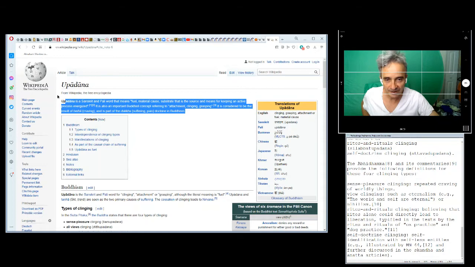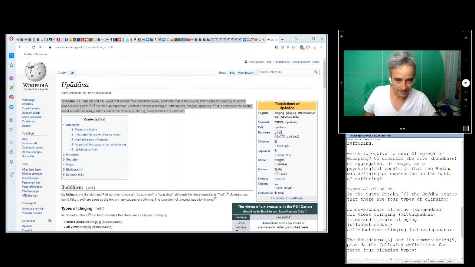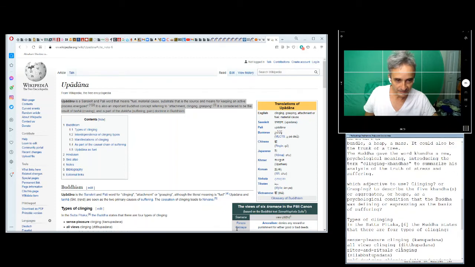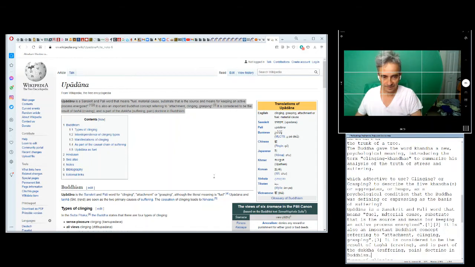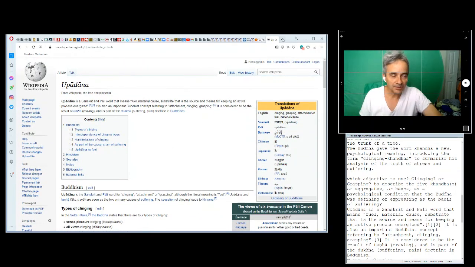Clinging, see, of a garment. Yeah, the clinging type. So, the dictionary definition of clinging follows.